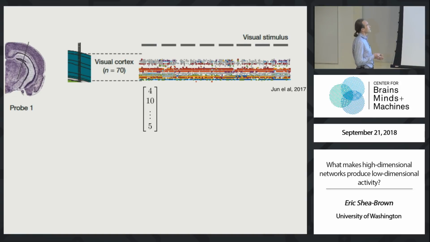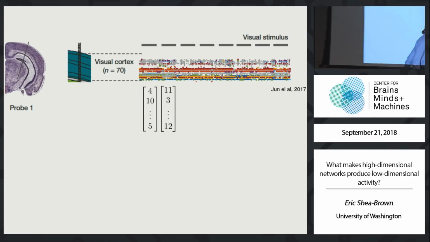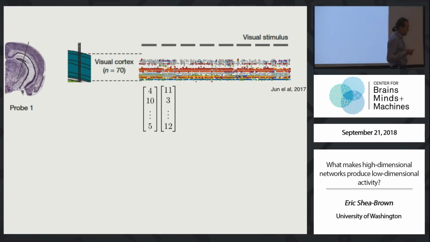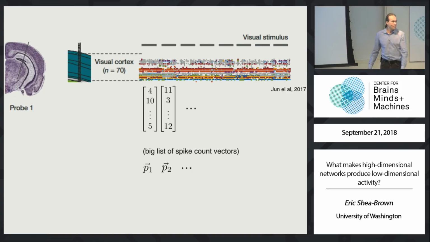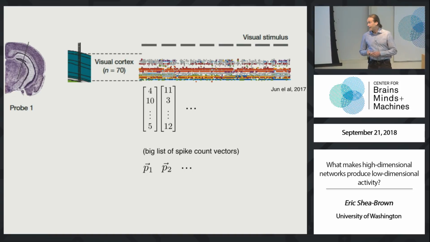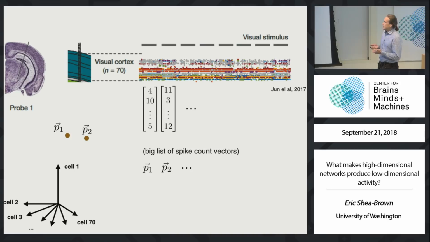And we have one such vector either for every different visual stimulus that's presented or perhaps across multiple presentations of the same visual stimulus, thereby representing variability intrinsic in the brain's dynamics. Anyway, however you slice it, these days neuroscience looks like this, right? A big list of long spike count vectors. And the question is, well, what do we do with them?